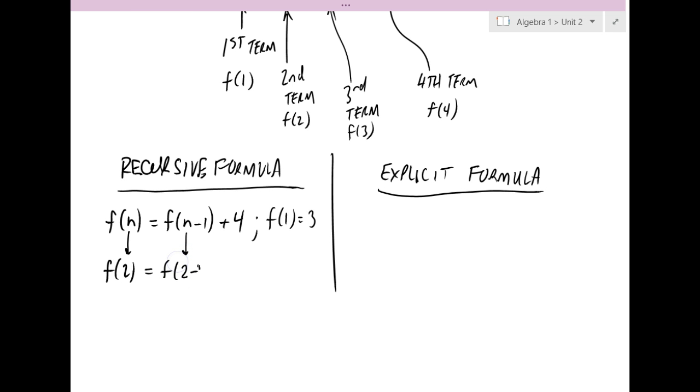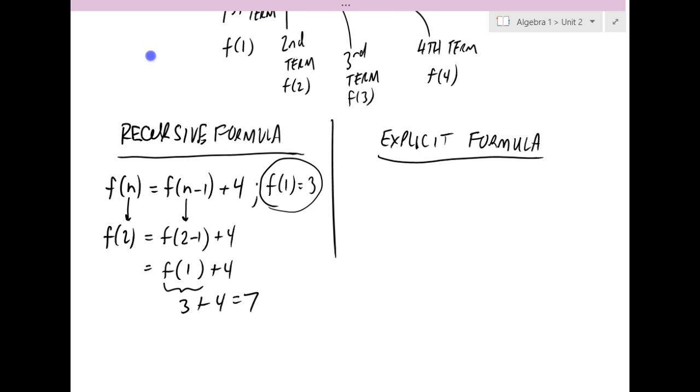So this is going to be f of 2 minus 1 plus 4. 2 minus 1 is 1, so f of 1 plus 4. Do we know what f of 1 is? f of 1 is 3, so in place of f of 1, I can write its value, which is 3 plus 4 is 7.